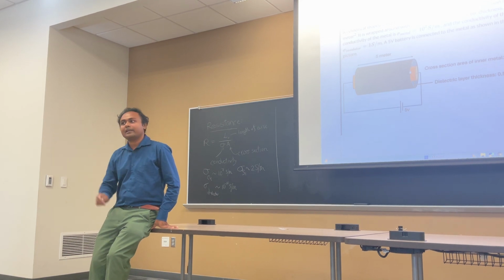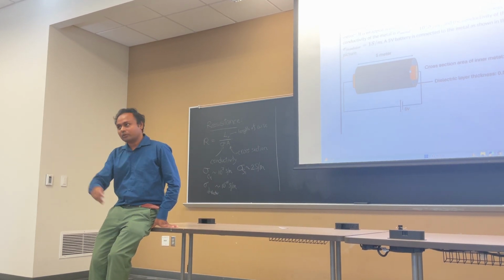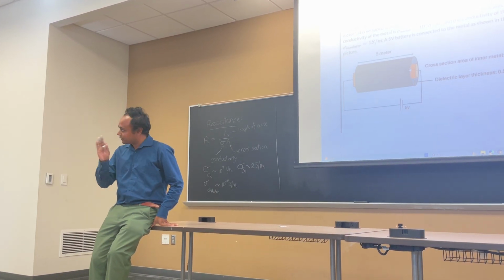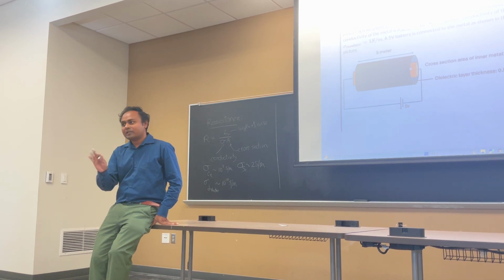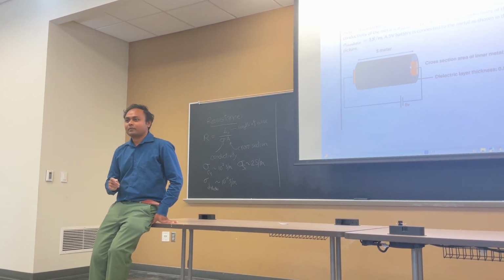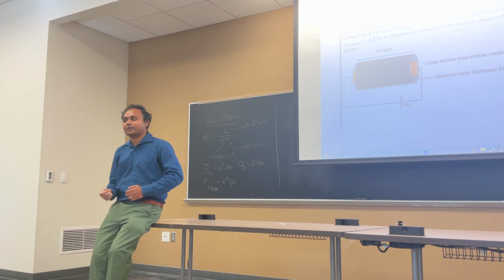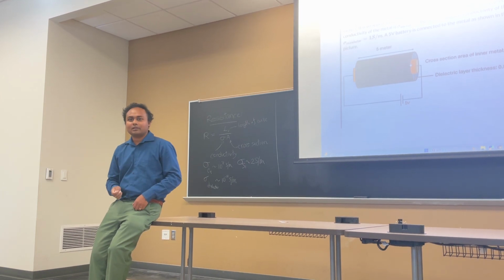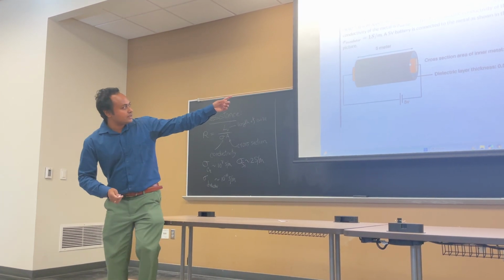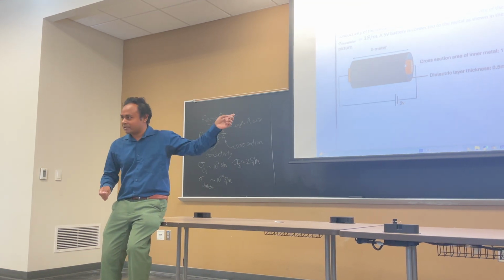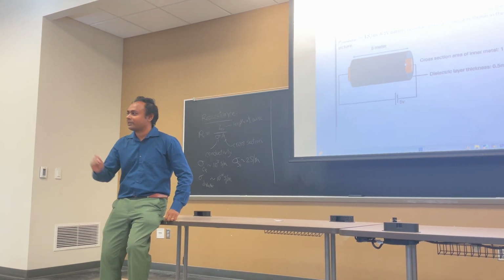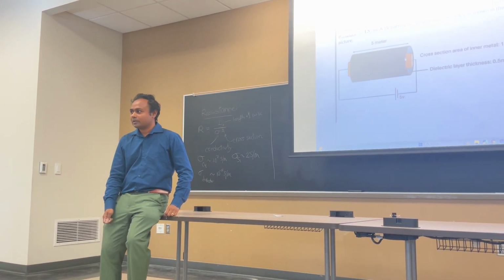Not the length, not the area. So you just ignore the length, ignore the area. Consider that they are the same. The only difference will come from the sigma. Sigma is 10 to the power 7 times bigger in copper compared to the dielectric. So if you can find out the resistance of the copper, you know the resistance of the dielectric. It's just 10 to the power 7 times lower. Isn't it?